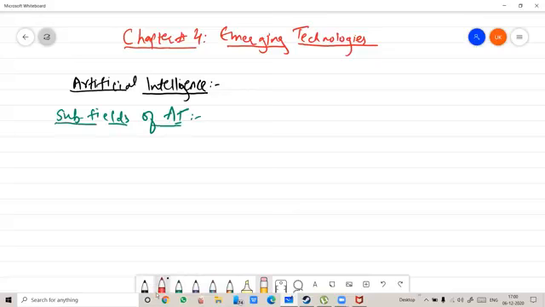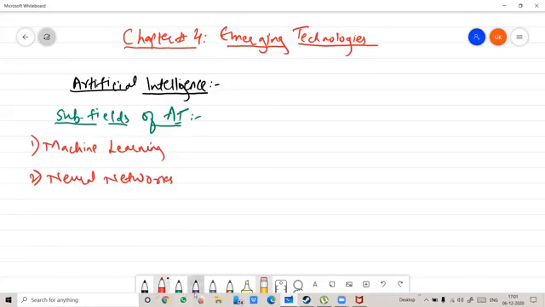In this we have finished machine learning and neural networks. Now we will start with the third one, deep learning.